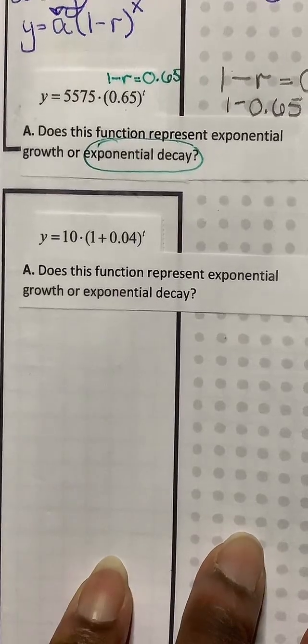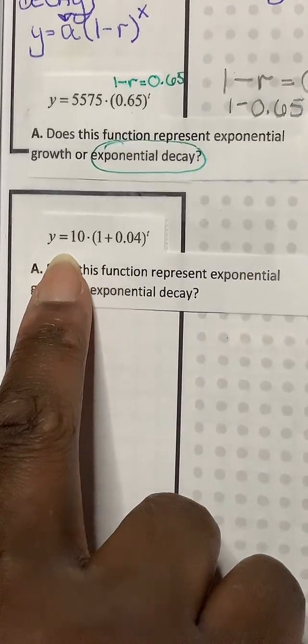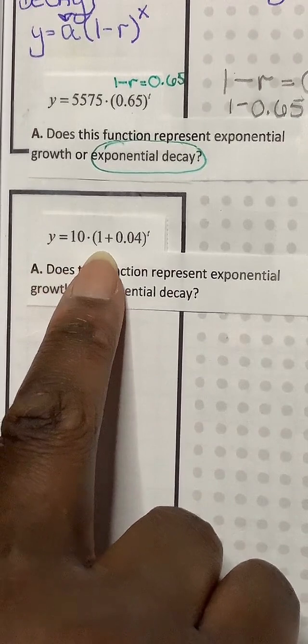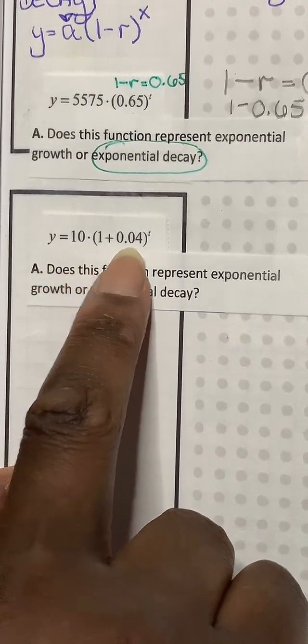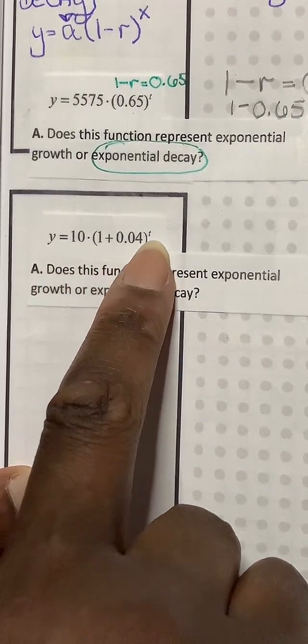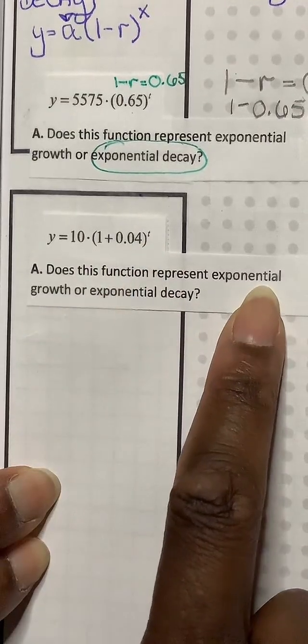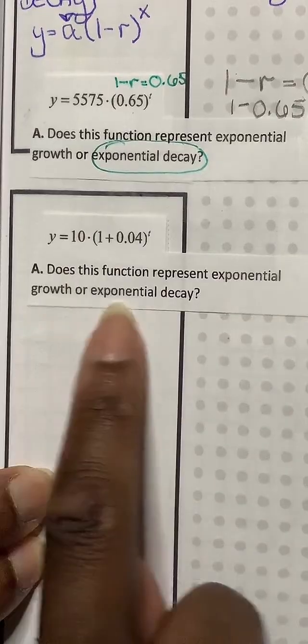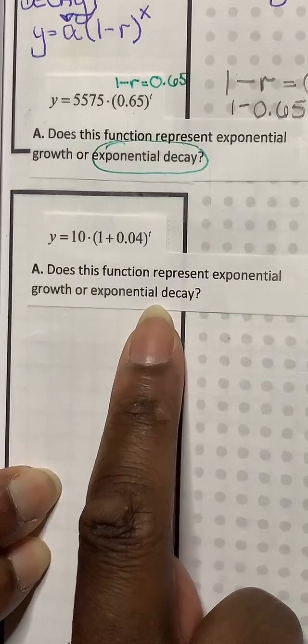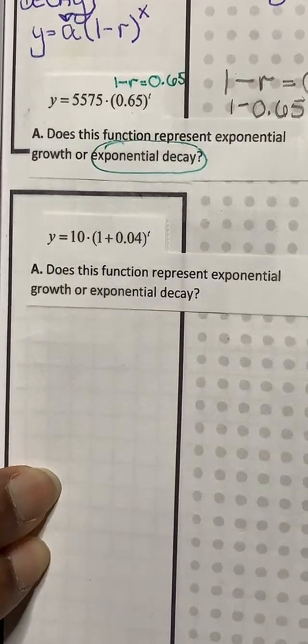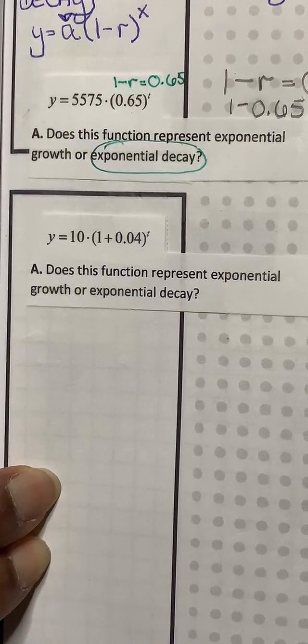All right, here we go. So we have y equals 10 times 1 plus 400ths raised to the t. So does this function represent an exponential growth or an exponential decay? What do you got? Okay, Melissa's like, bam, growth.